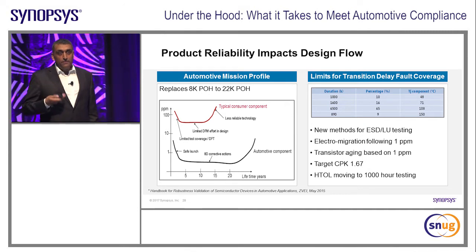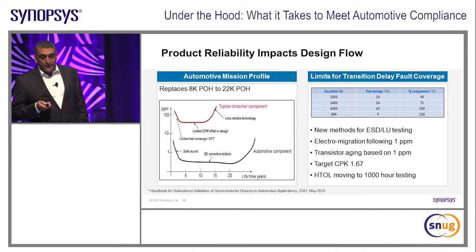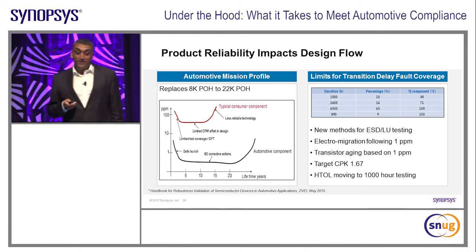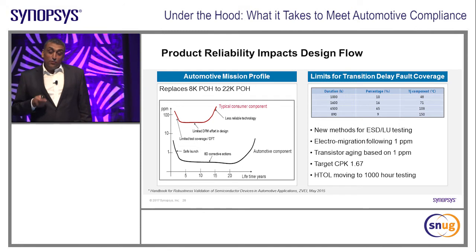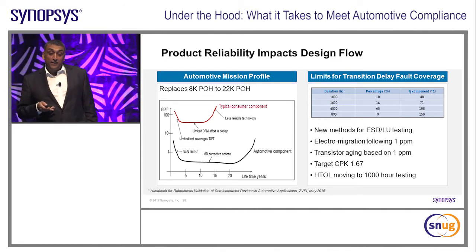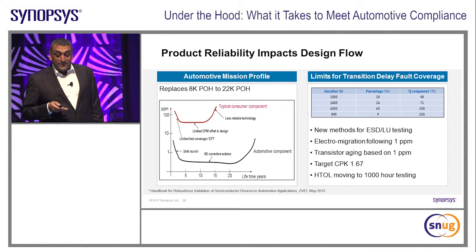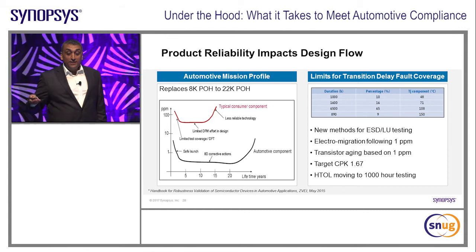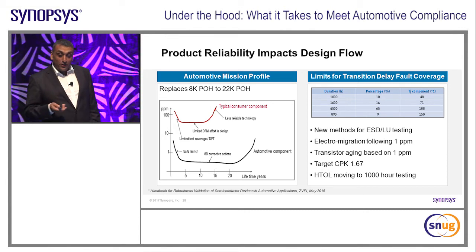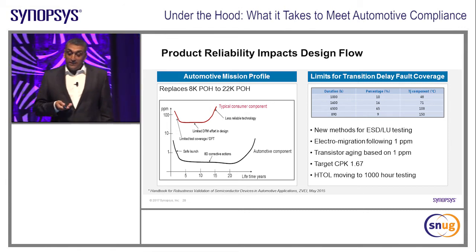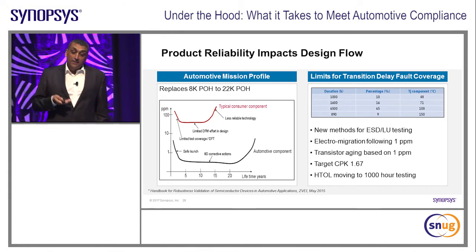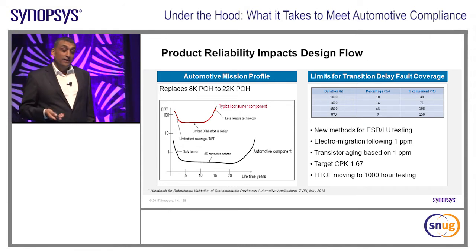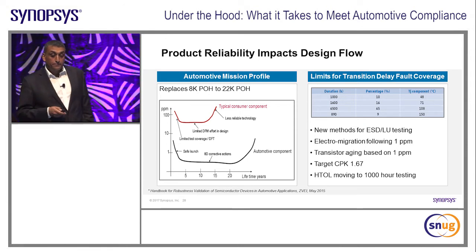Just to give you a perspective of what that really means, and this is information I got from my colleague Ron, who's sitting over here, our automotive expert: he told me that 22 kilo power on hours is essentially a New York City cab driver driving a cab all day, or closer to home, one of those self-driving cars that spends the whole time driving. So you're talking about a very high on time, and that is going to impact the way you think about the reliability of your chip, clearly.